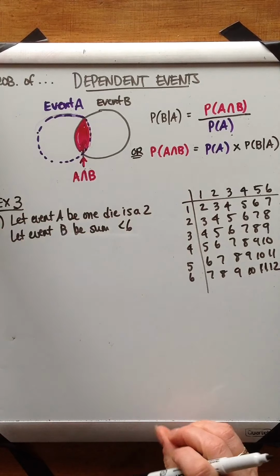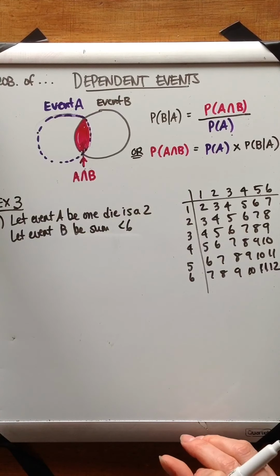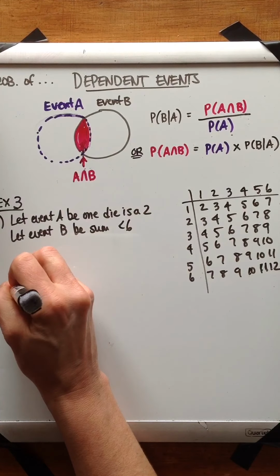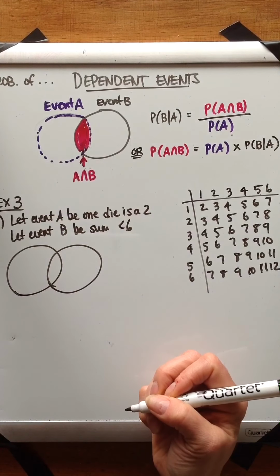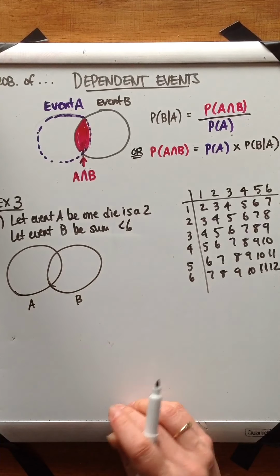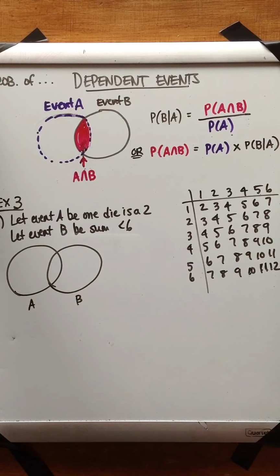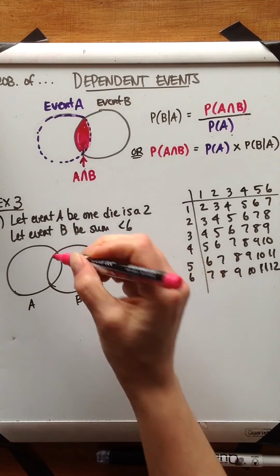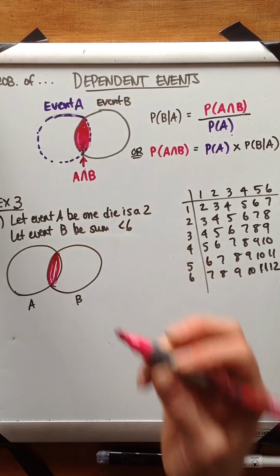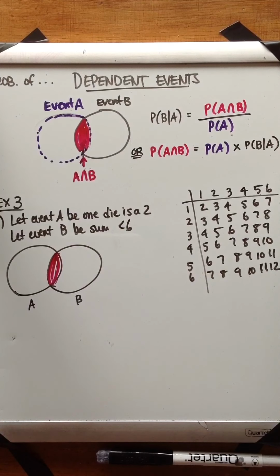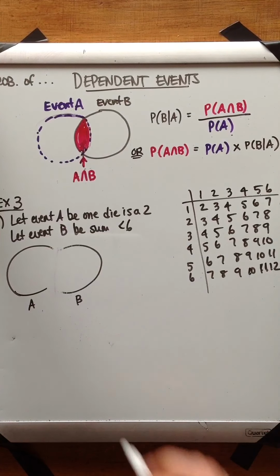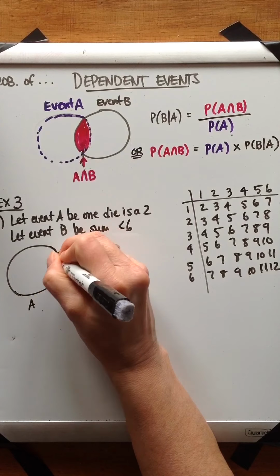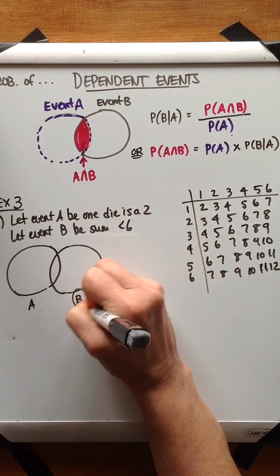All right, so what we're doing here is, again, if we draw a Venn diagram, we have our two separate events, event A and event B, and this question wants us to find the probability of the overlapped area here. So it's asking us to find the probability for B.